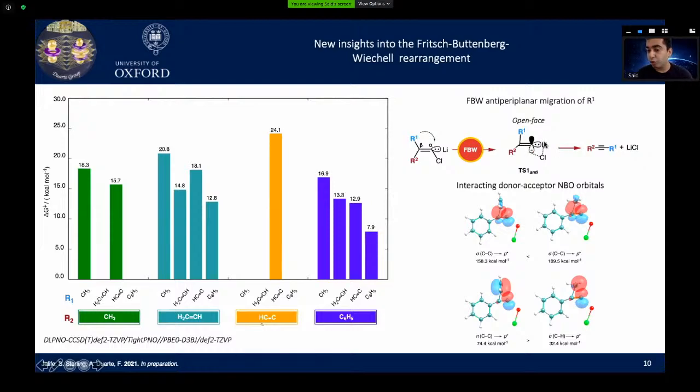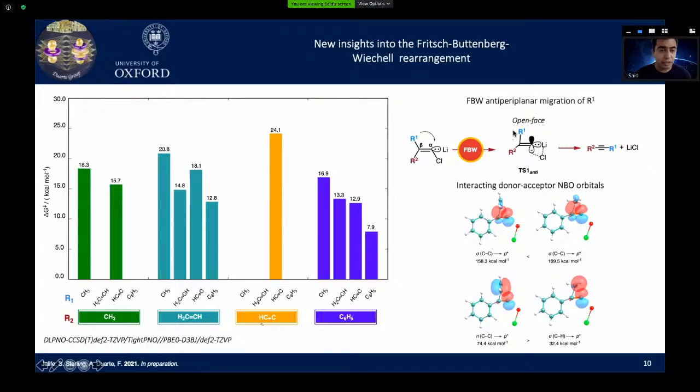But there might also be an important role played by conjugation interaction from the pi migrating orbitals, or from hyperconjugation from the carbon-hydrogen bonds in the case of the methyl group.